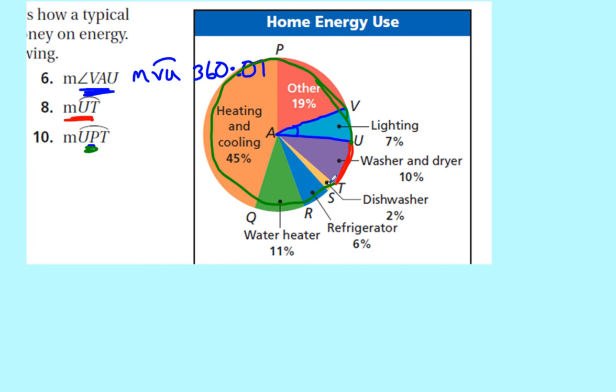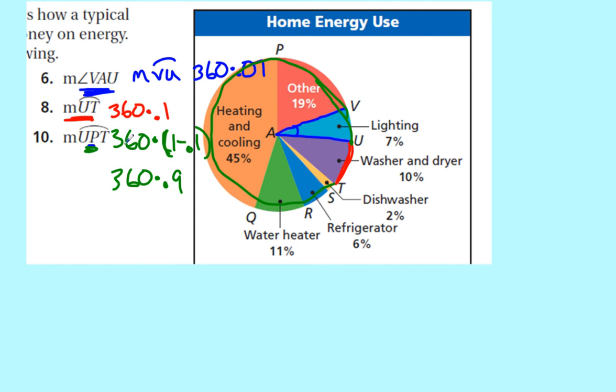major arc. So if MUT is 10%, this would be 360 degrees times 0.1. And UPT is everything else, so this would be 360 degrees times 1 minus 0.1, or just 360 times 0.9.